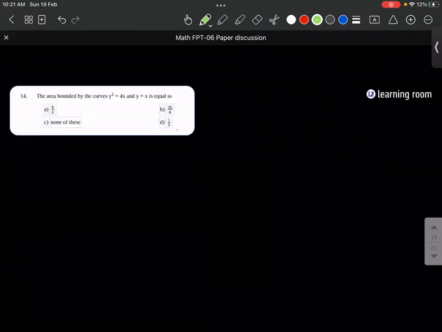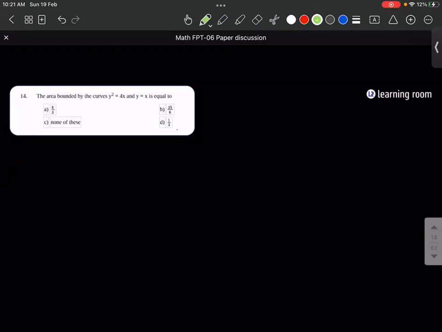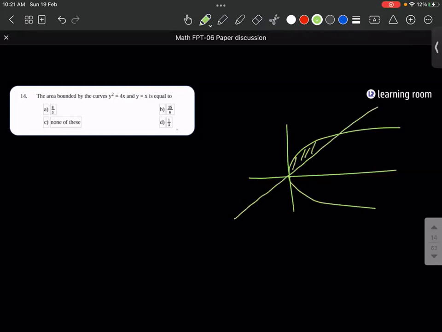Next, the area bound by the curve y square is equal to 4x and y is equal to x. Answer.